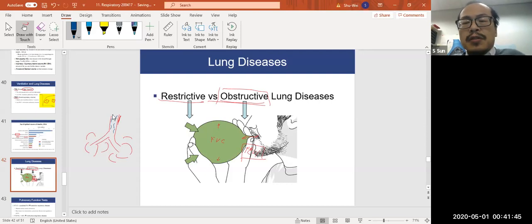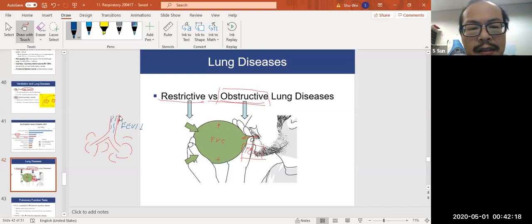So when the person tries to forcefully blow the air out, air will eventually go out, but it's very difficult. So your FEV1 will be low. So that's emphysema. Another one is asthma. This is due to the allergen.